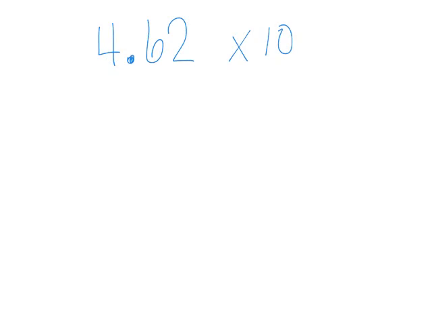If we multiply just 4 by 10, what's going to happen? We would get 40. 4.62 times 10 is going to end up giving us the result of 46.2. Then we would fill in that empty spot with the 0.